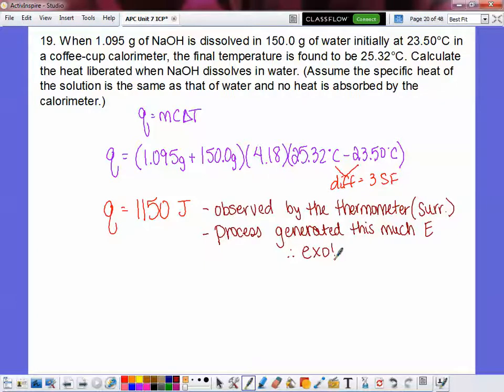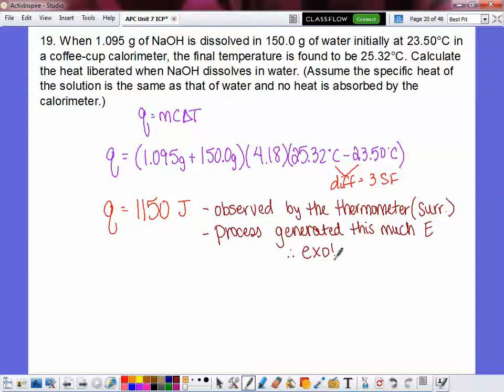Q is positive because we're looking at it from the standpoint of the thermometer, not the reaction or the process itself. So the dissolving is exothermic because it's releasing heat. The solution, or the thermometer, measured an increase in temperature. It got warmer. Where is the heat coming from? Oh, the heat is coming from the dissolving, from the system.